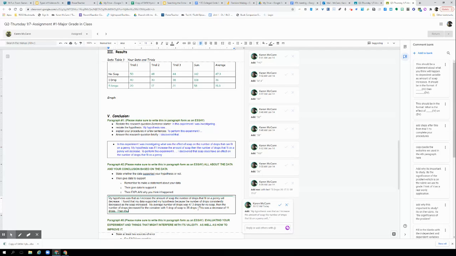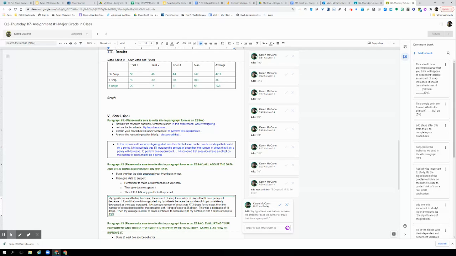Then my average number of drops continued to decrease with my container with 5 drops of soap to 19.3 drops.